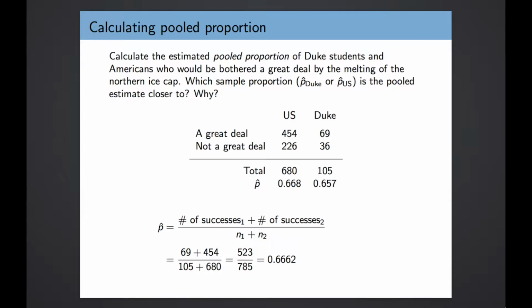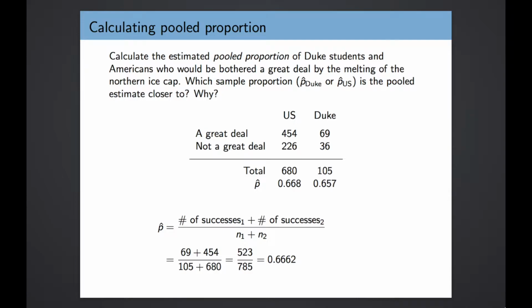That's going to add up to 523 divided by 785, which equals 0.67. So again, this is the null value for the parameter p that we're going to be using as we do our hypothesis test. This slide asks which sample proportion the pooled estimate is closer to and why.